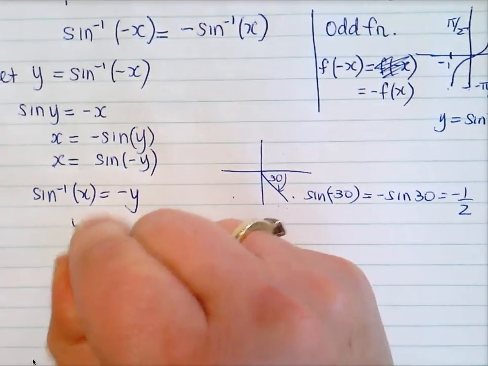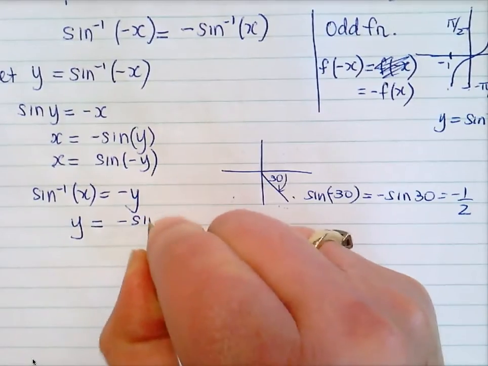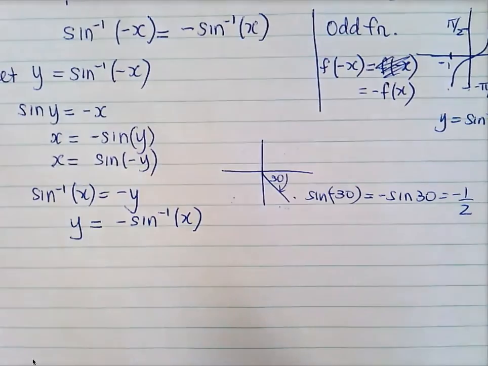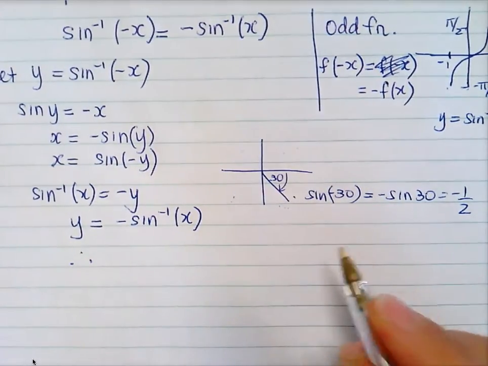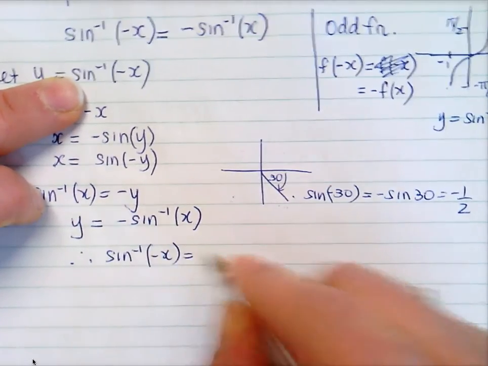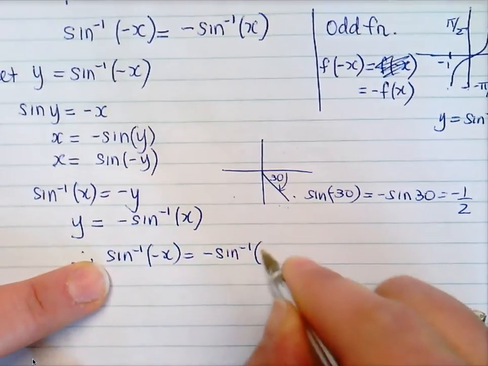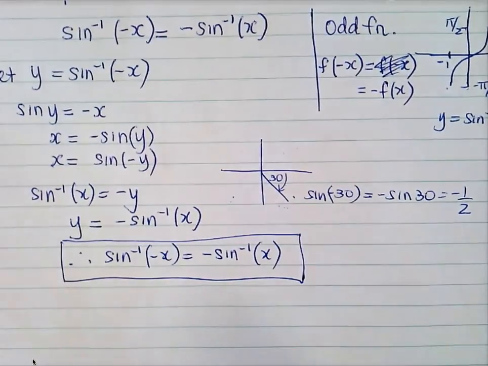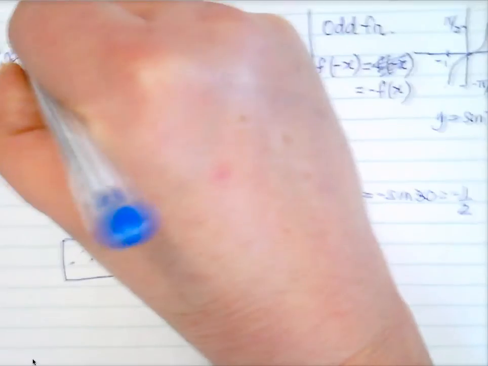Taking the negative to the other side, y equals negative inverse sine of x. So therefore, we've just proven the result, that the inverse sine of negative x equals the negative inverse sine of x. Okay, so that was the proof. You just got to learn the rule.